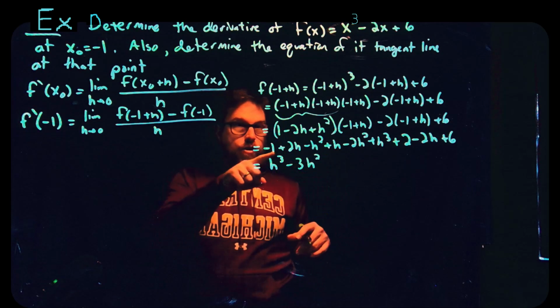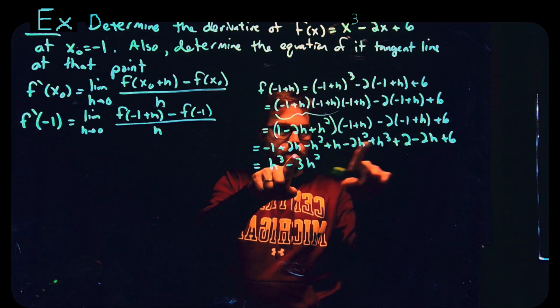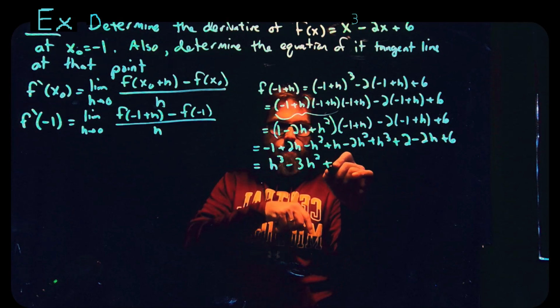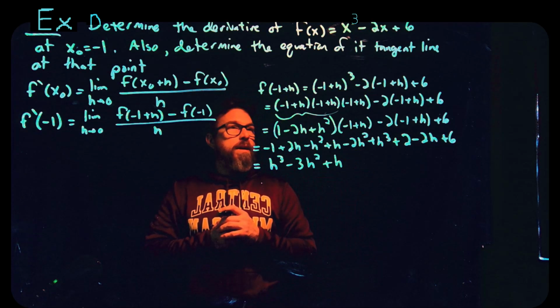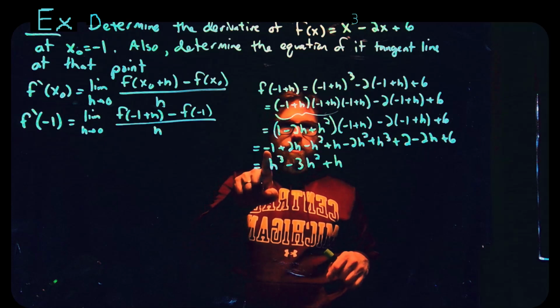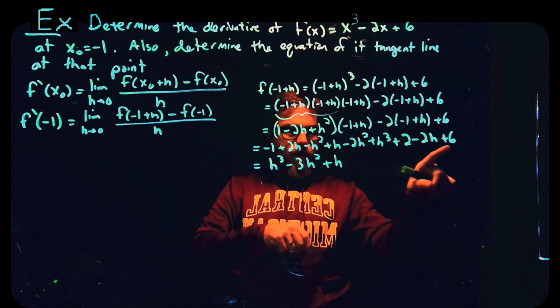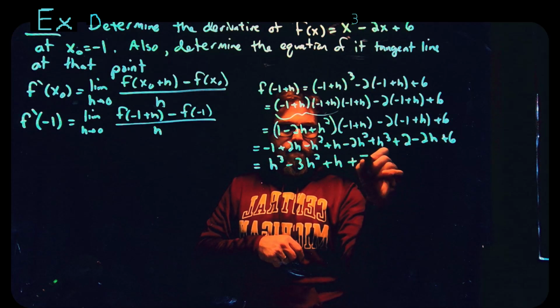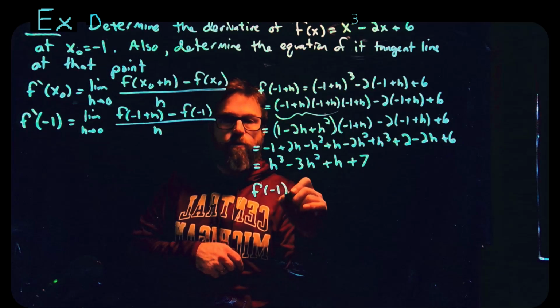And then the linear terms, 2h plus h is going to be 3h. Minus another 2h, which is just going to be plus h. And last, I'm going to have my constant, so -1 plus 2 is going to be 1, plus 6 is going to be 7.